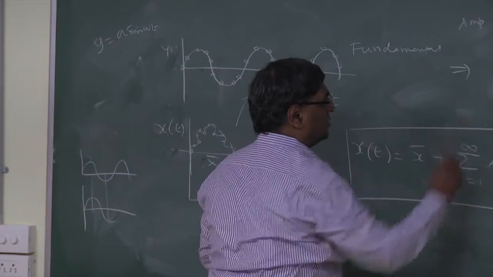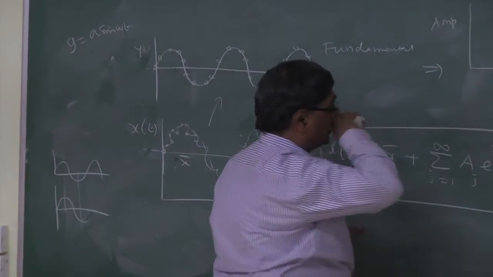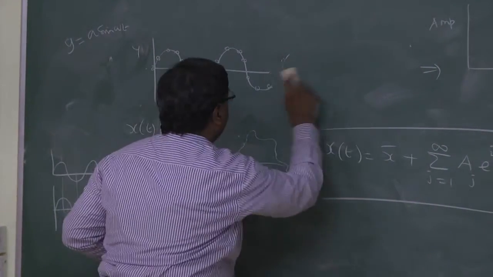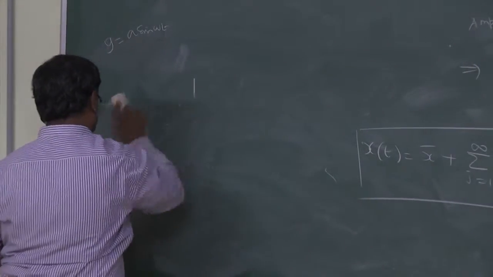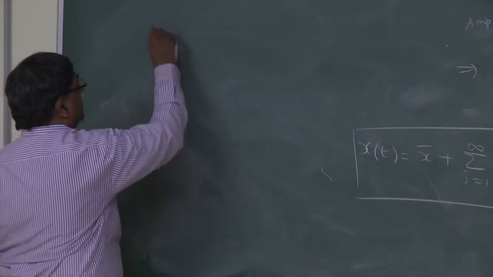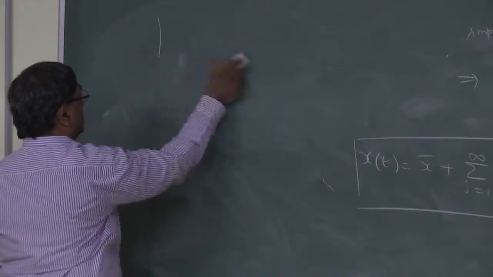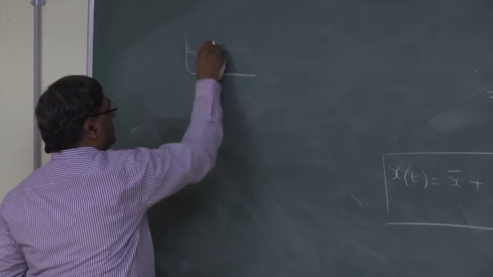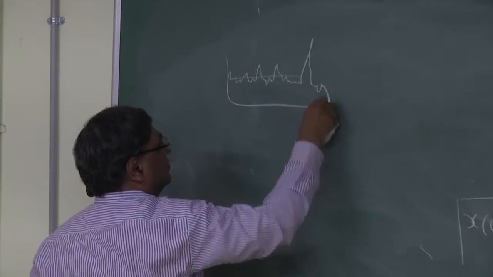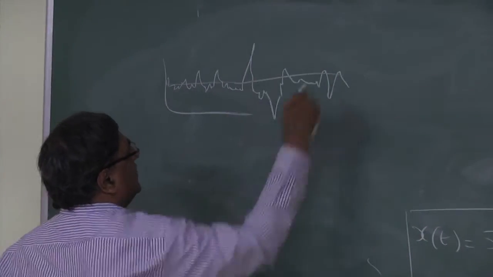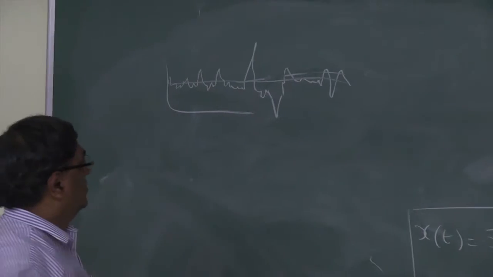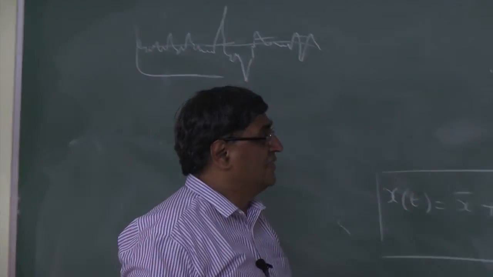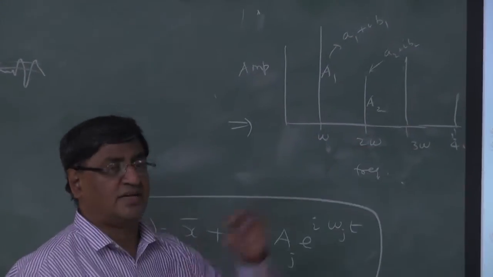So there can be a fundamental mode of omega, then 2 omega, 3 omega, 4 omega, etc. In certain problems dealing with continuous random signals, like our turbulence data, something is there, let us say. Now theoretically speaking, all frequencies may be there, 0 to infinity, all frequencies could be there. So it is not that you are having only a fundamental mode and its higher harmonics, etc.